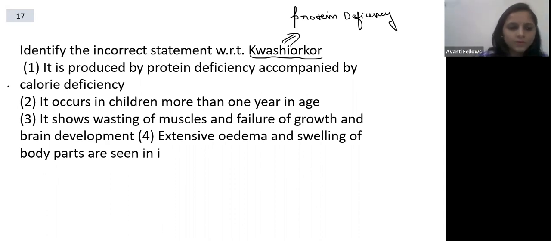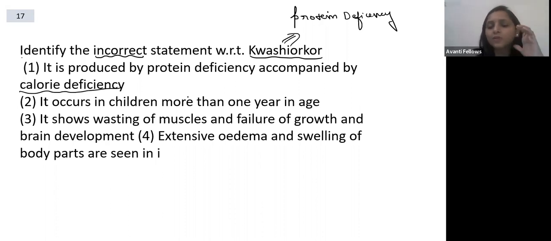In option 1 they say it is produced by protein deficiency accompanied by caloric deficiency. Remember, kwashiorkor is not caused by caloric deficiency. It is only by protein deficiency.